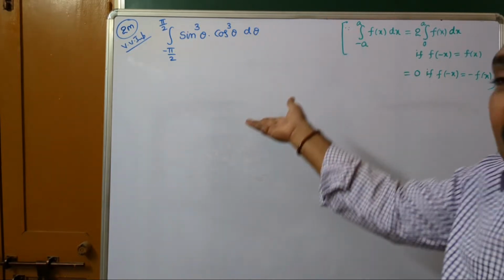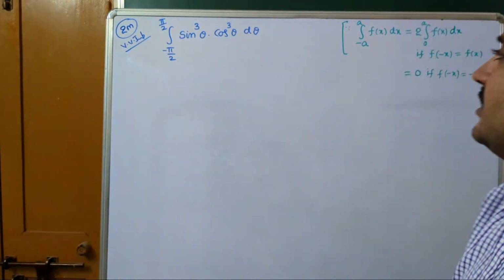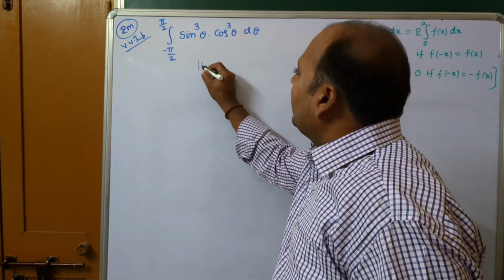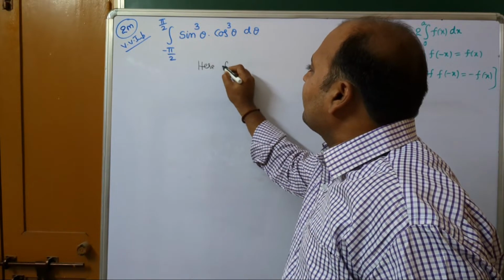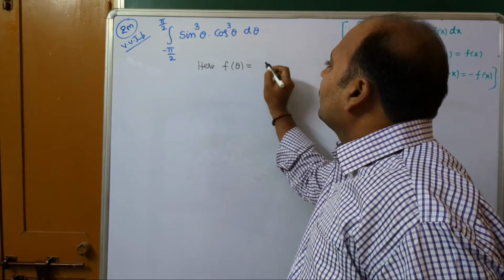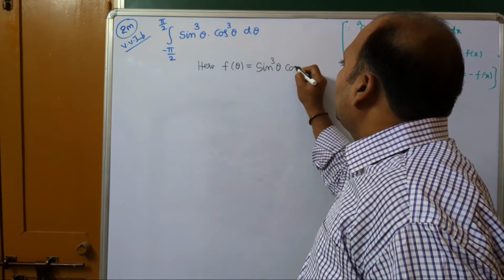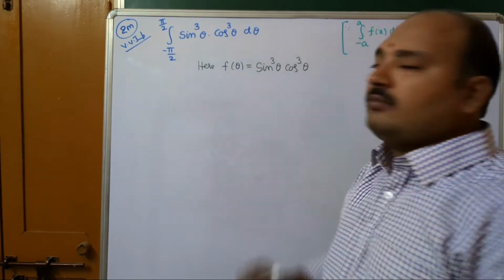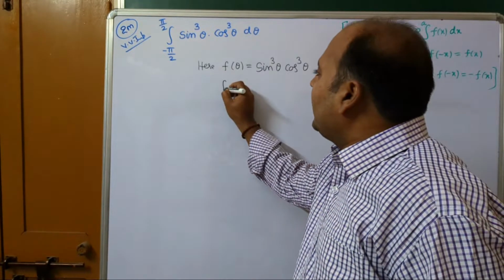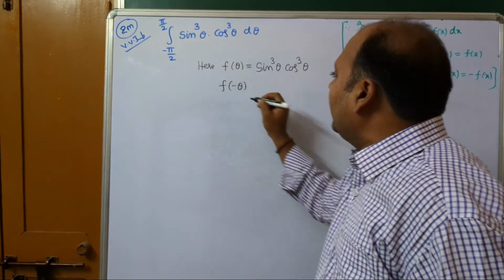So since it is in terms of theta, I am writing f of theta, dear friends. Here f of theta equal to sin power 3 theta into cos power 3 theta. So f of minus theta I am going to verify here according to the property.